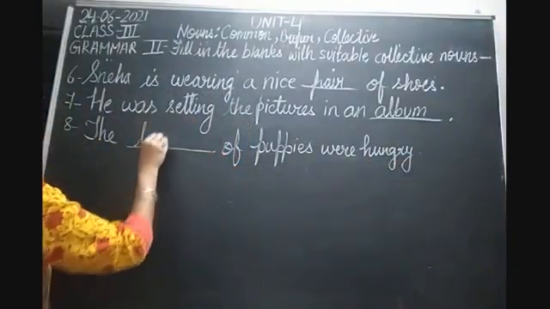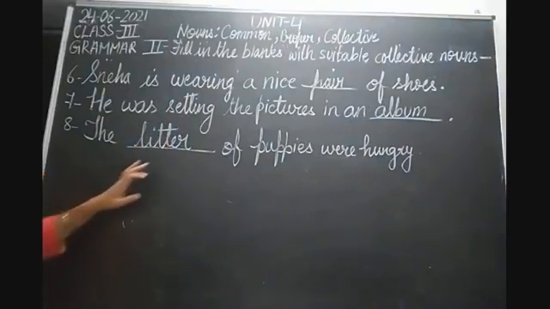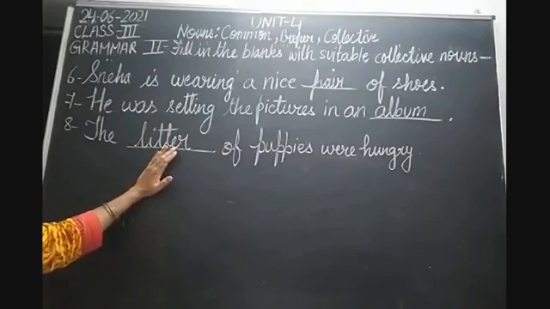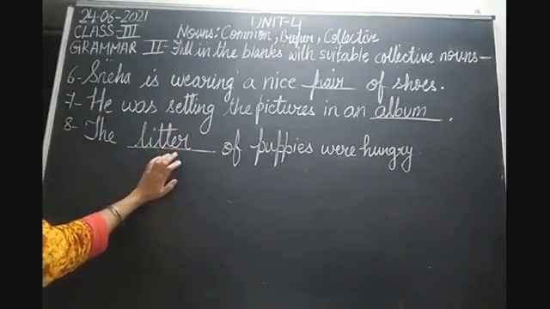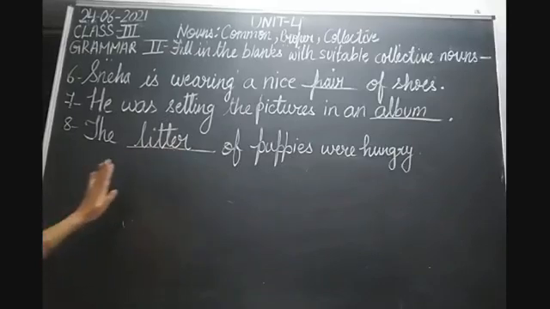So write litter, L-I-T-T-E-R. For puppies also we use the collective noun litter. For cubs also we use the collective noun litter. A litter of puppies, a litter of cubs. So this is the litter of puppies were hungry.